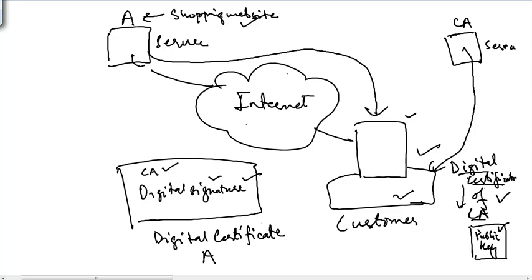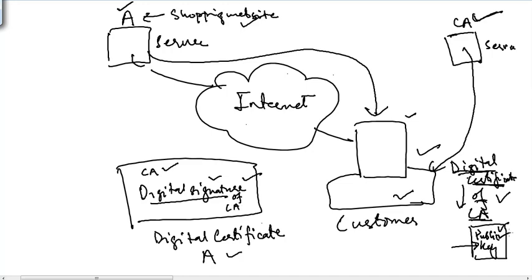So we have basically downloaded two different digital certificates, one for company A and the other one for the certification authority. Now this digital certificate of the certification authority includes the public key of the certification authority, and the digital certificate of company A also includes the digital signature of the certification authority, right?